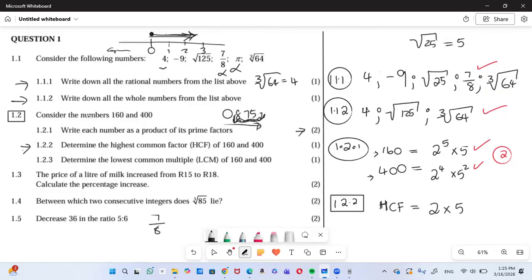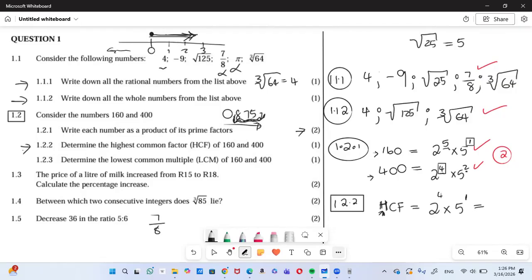But I usually say because it's the highest common factor, we should also look at the exponents. But because it is the highest, we're going to look for the lower exponents. So between this exponent and that one, which one is the lower one? It is this one. So the lower one is the one that we're going to write there. And then we do the same for the 5 as well. Between this 5 and that one there, which one has the lowest exponent? It's the one on top, right? So I'm going to put it there as well.